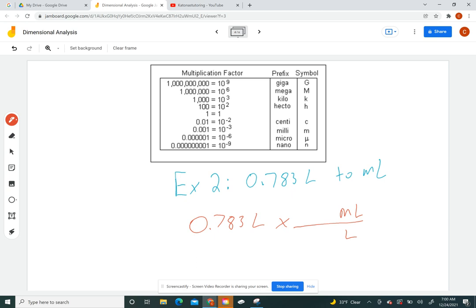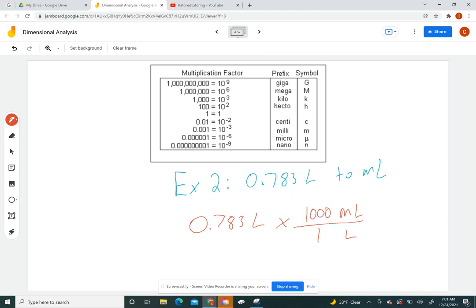Now, because we're going smaller, 1 gram would be 1,000 milligrams, or 1 liter is 1,000 milliliters. So we're going to have 1 liter on the bottom and 1,000 milliliters up top, because there are 1,000 milliliters in 1 liter because we're going down.